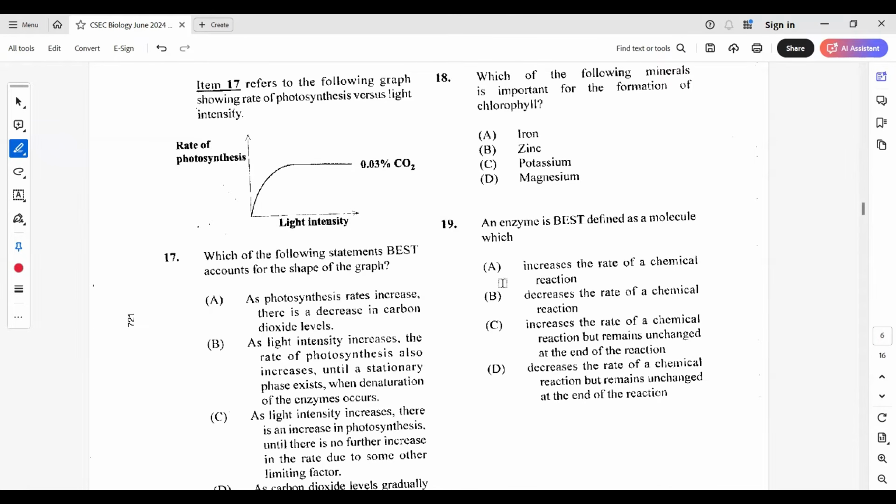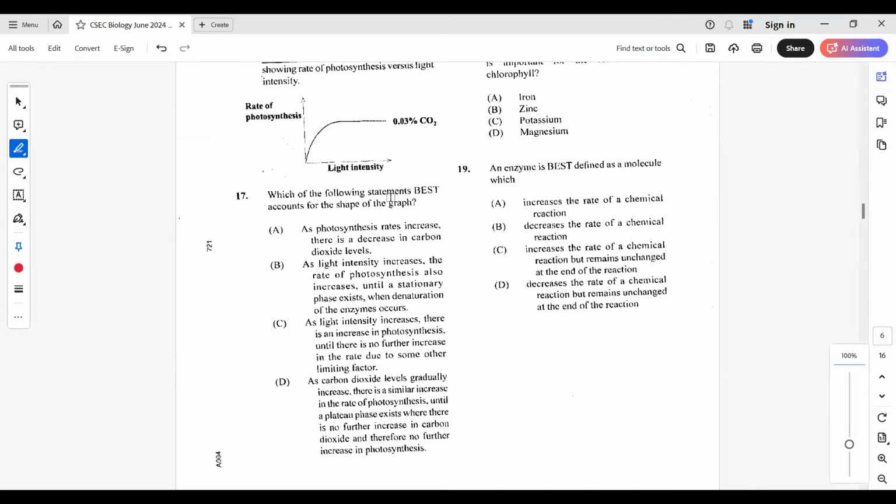Question 17 refers to the following graph showing the rate of photosynthesis versus light intensity. They ask you which of the following statements best accounts for the shape of the graph. We have a graph going up, with light on the x-axis and rate of photosynthesis on the y-axis. It goes up, and then they give you the concentration of carbon dioxide.